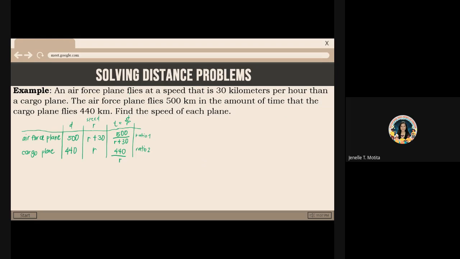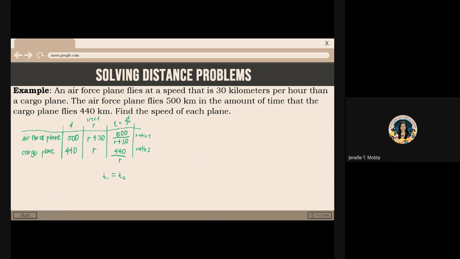The Air Force plane flies 500 kilometers in the amount of time that the cargo plane flies 440 kilometers, meaning these two are equal. We have equal time.